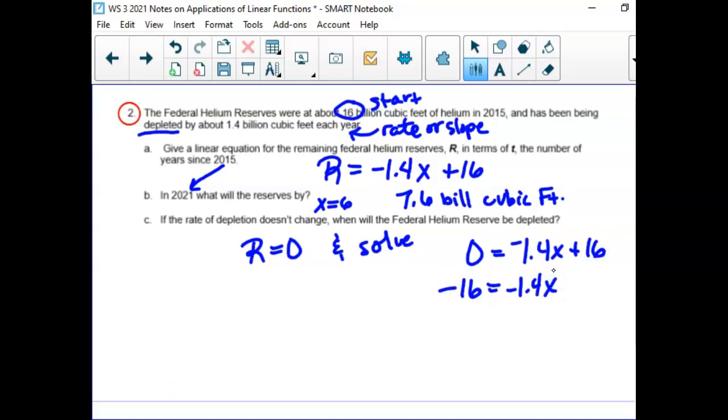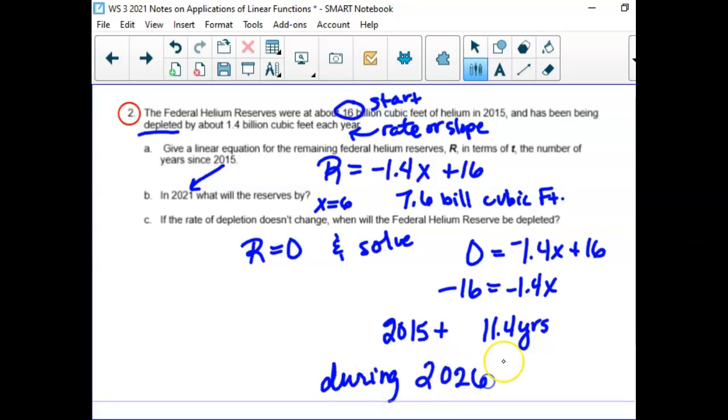If we divide, we get 11.4 years. If we add that to 2015, according to this, we would run out of helium sometime during, I'm going to say, 2026.